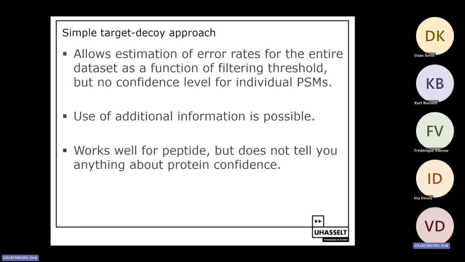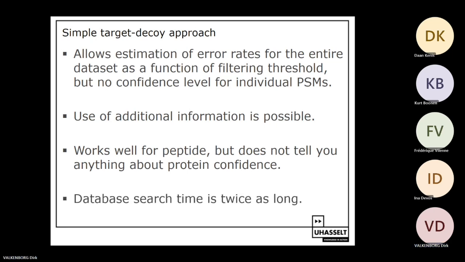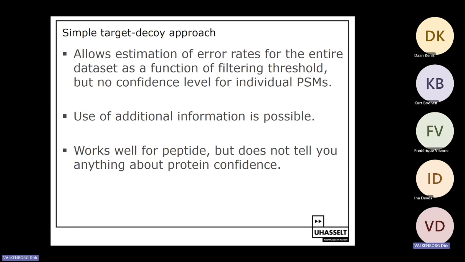What we can always do is also use additional information to gain confidence about our findings. There is a lot of additional information that we can add in, but I will not discuss this in this session.